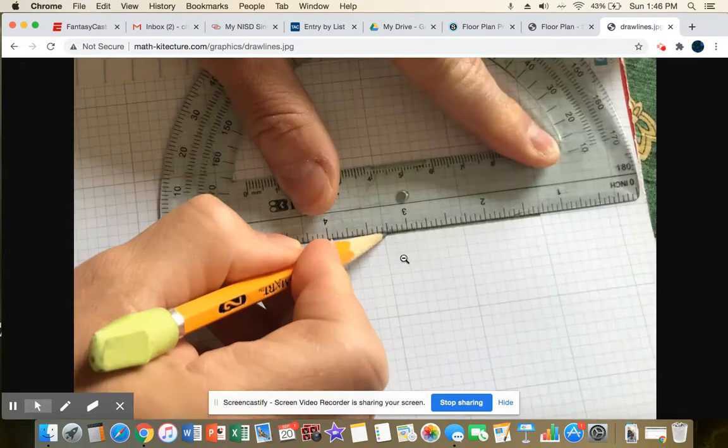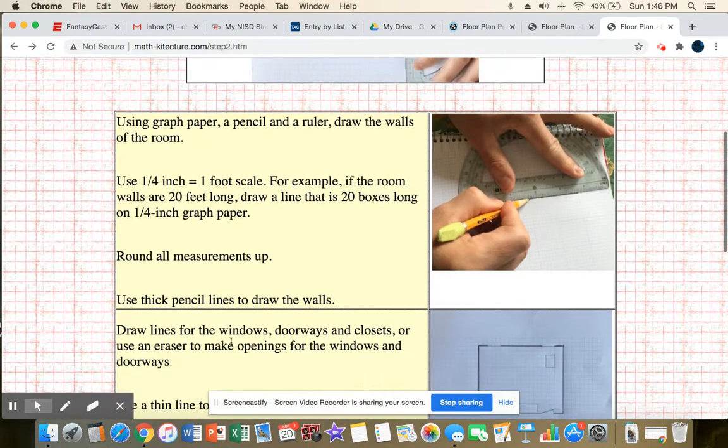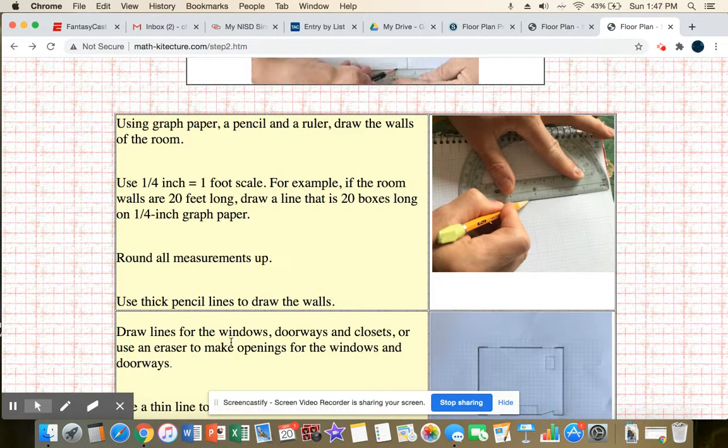And that 1/4 inch will symbolize a square foot. Okay, so it is 1 foot every box. For example, if the room walls are 20 feet long, you're going to draw a line that is 20 boxes long on 1/4 inch graph paper to indicate that that wall is 20 feet long.